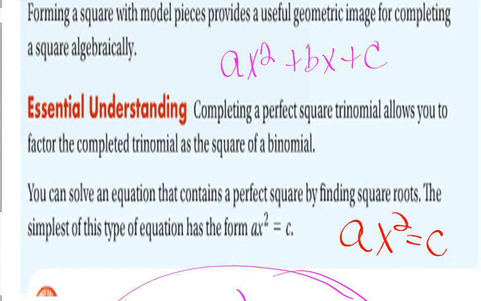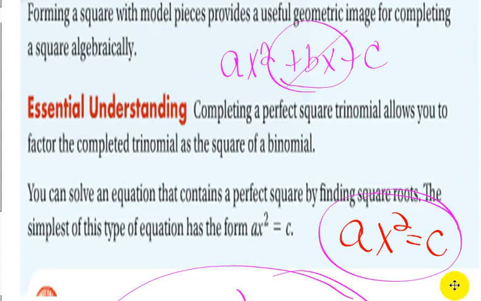So what's missing in the formula ax squared equals c? We're missing a b, right? So if you notice that you don't have an x term, and you just have an x squared and a constant, then we can apply these techniques to it.